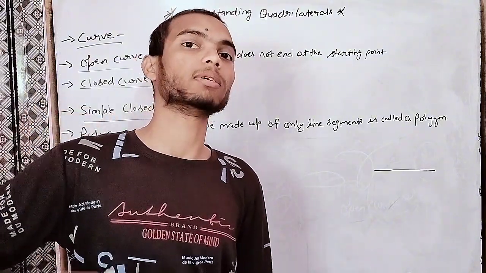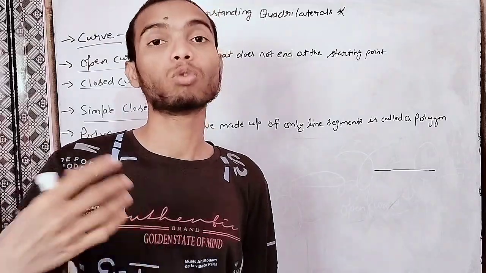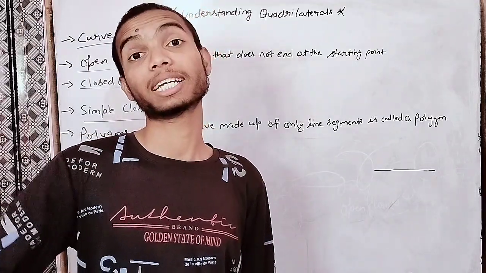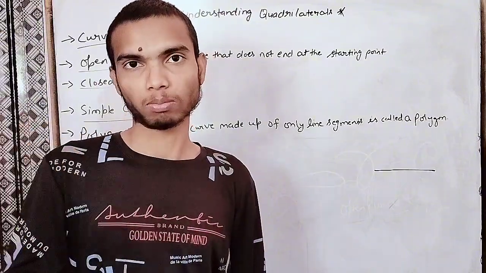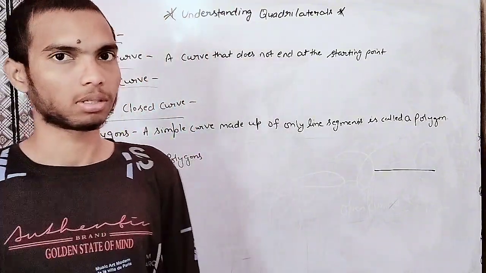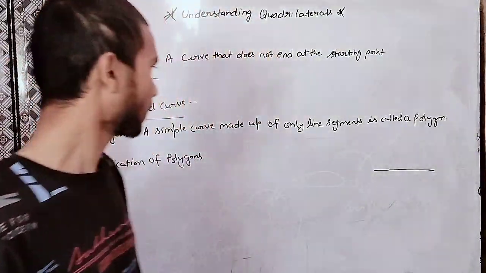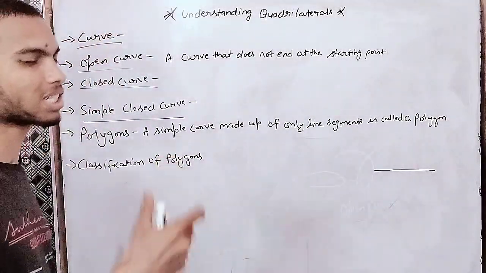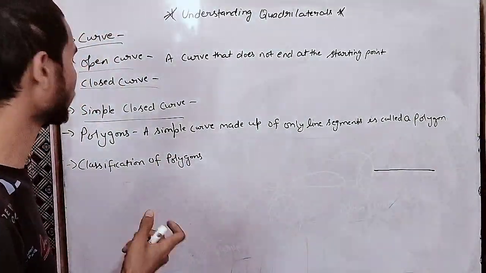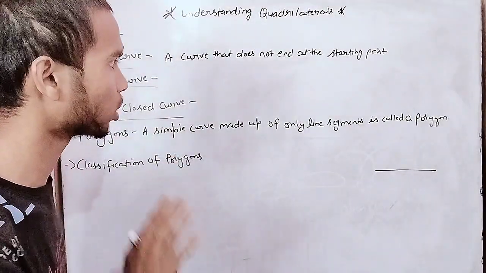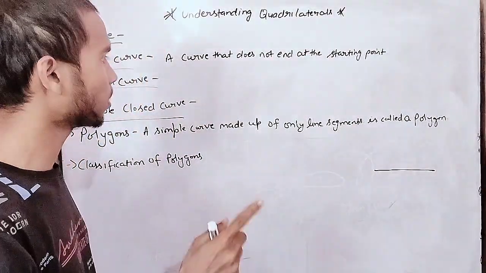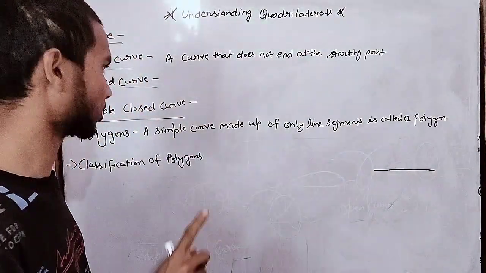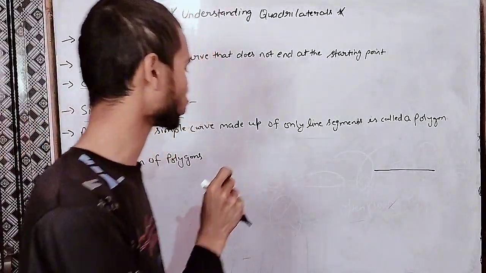And then if you have four line segments, then we can create another polygon, which is a quadrilateral. This is also an explanation of polygons. I am not telling you unnecessary points. A simple curve made up of only line segments is called a polygon. Yes, this is the correct definition.